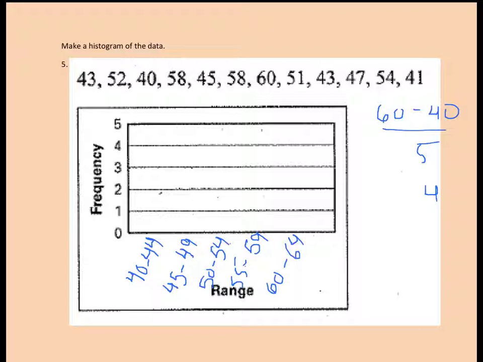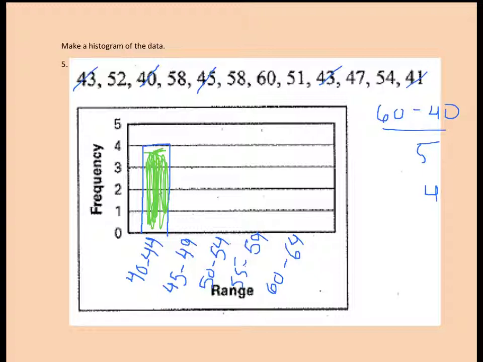So how many are between 40 and 44? Well, 1, 2, 3, 4. You don't have to fill it in, but sometimes it can help see things better. So, how many are between 45 and 49? 1.